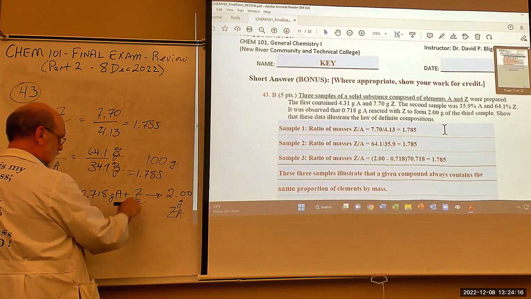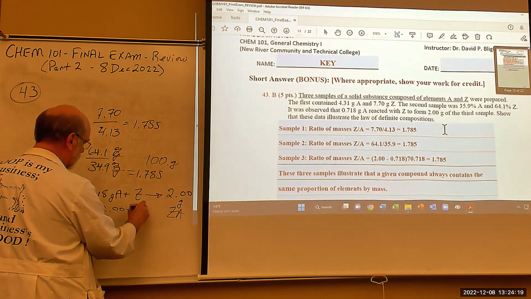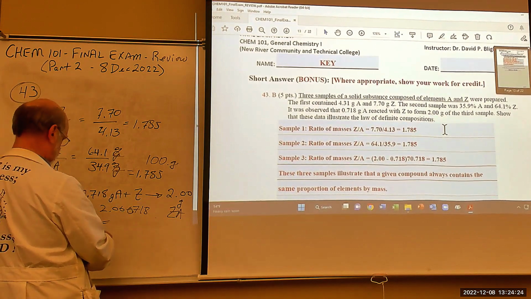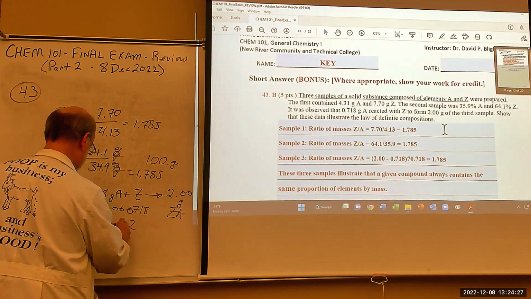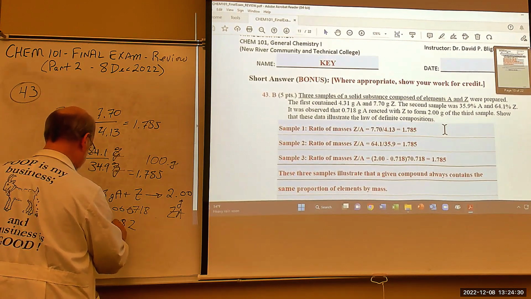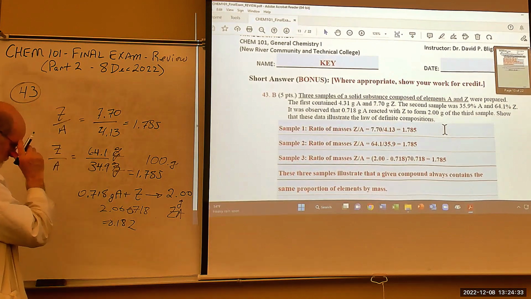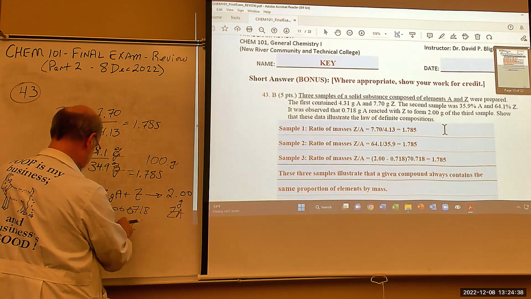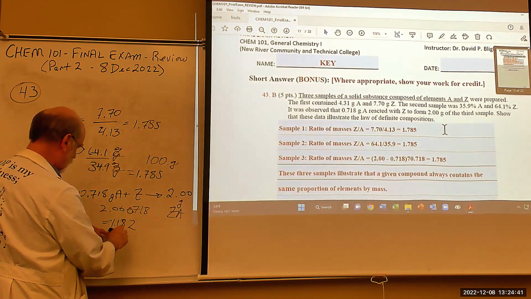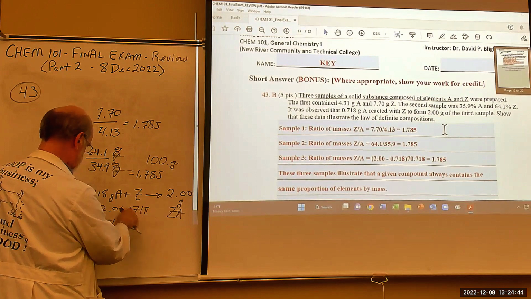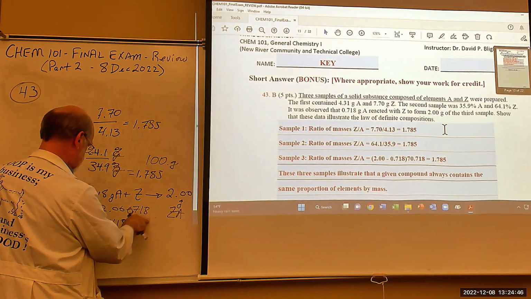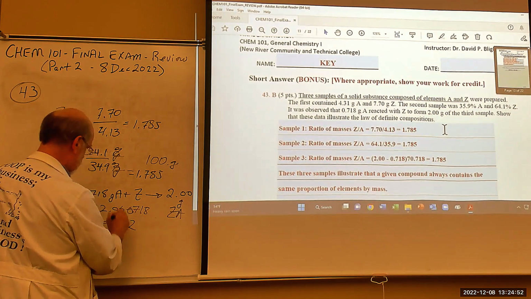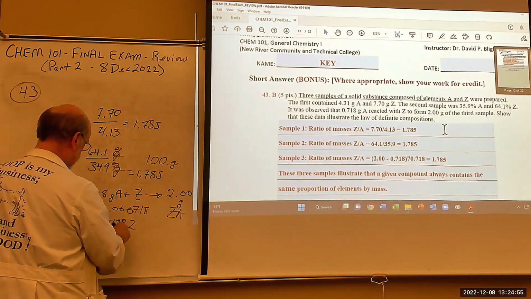Well, Z is going to be the difference: 2 minus 0.718. 1 from 9 is 8, 7 from 9 is 2, and then we have 1 left over.